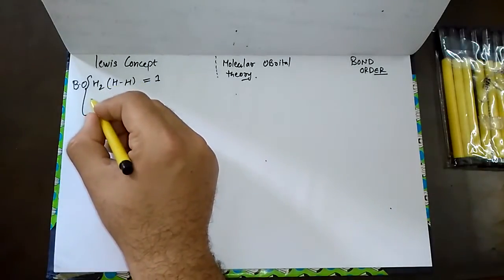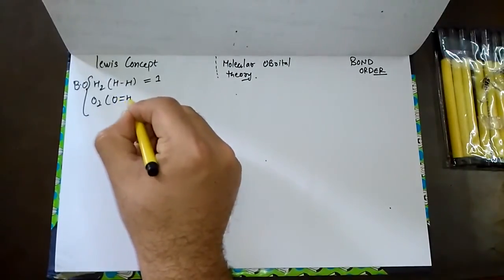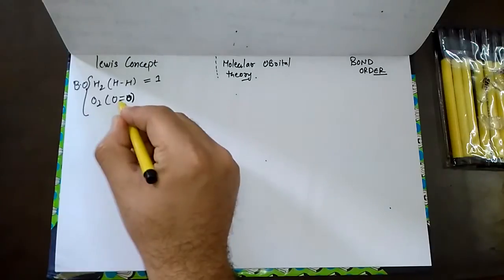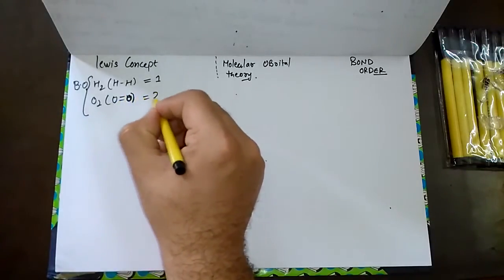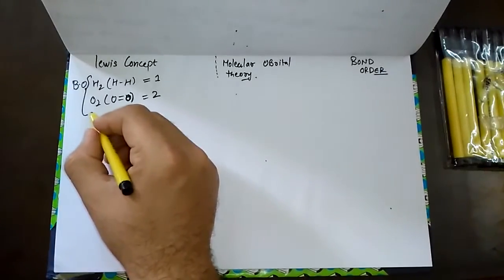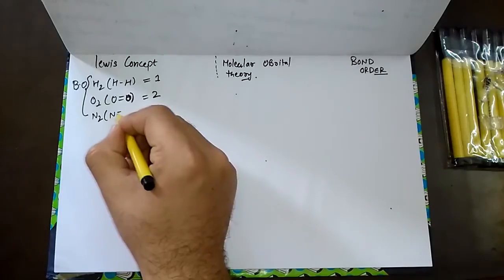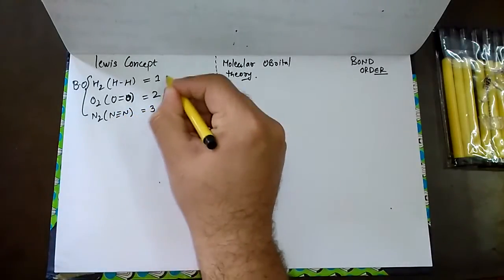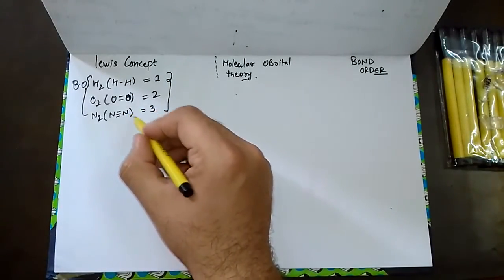Similarly, the bond order of oxygen: it forms a stable configuration by sharing two electrons from each side, so the bond order becomes 2. Similarly, the nitrogen molecule has a triple bond, so the bond order of nitrogen is 3.